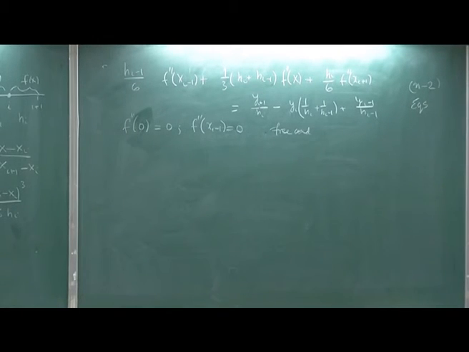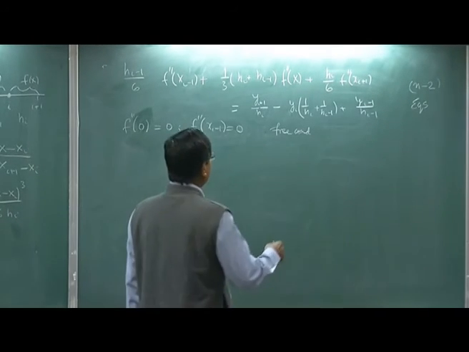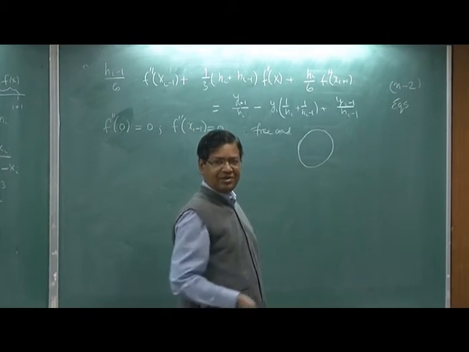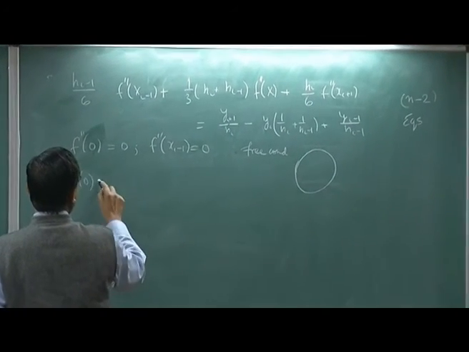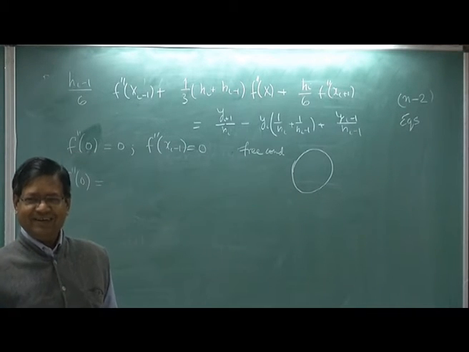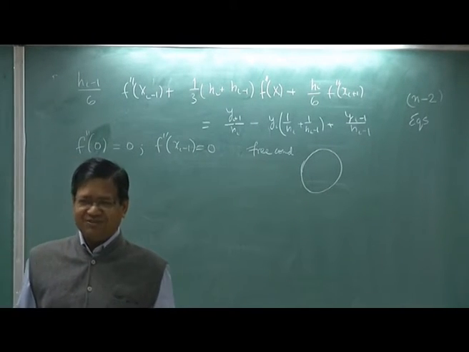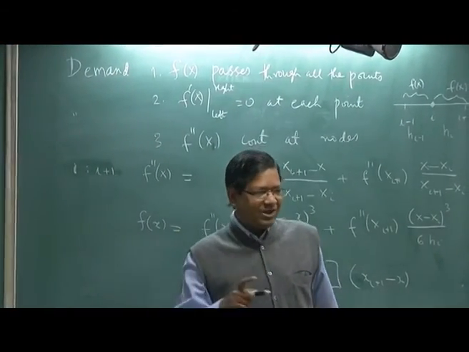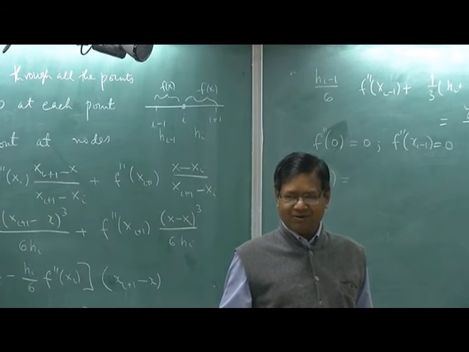There are some other conditions. One thing is the periodic boundary condition. Periodic means it goes in a circle. So we demand that a double prime 0. Well, this is slightly tricky. So this is for the double derivative, it's not for the function. Of course we demand for the function that y0 is the same as yn minus 1. That is continuity for periodic.